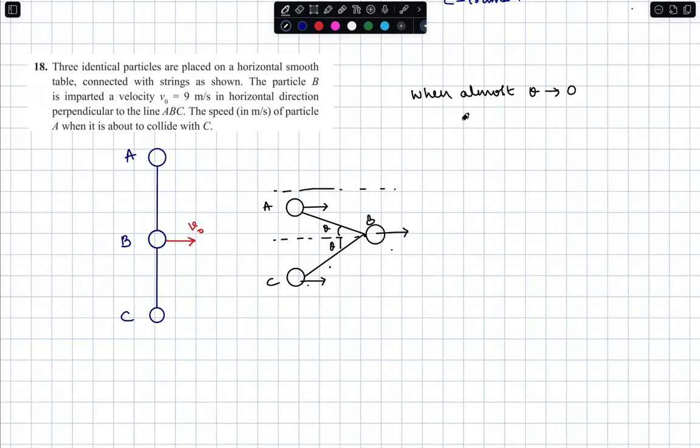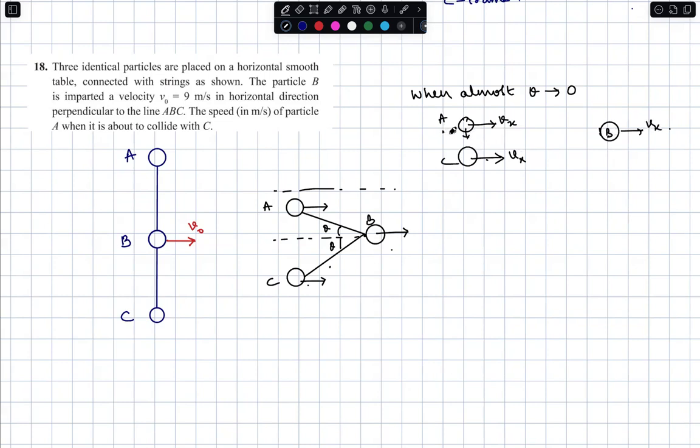When theta tends to 0, A will have Vx, C will also have Vx, and B will also have Vx.